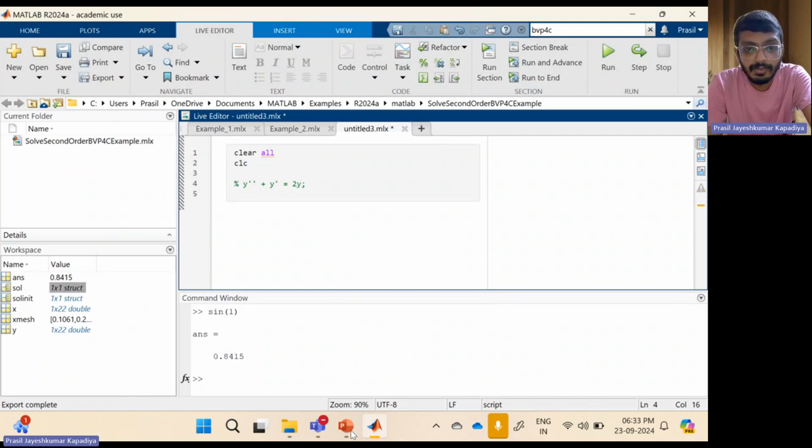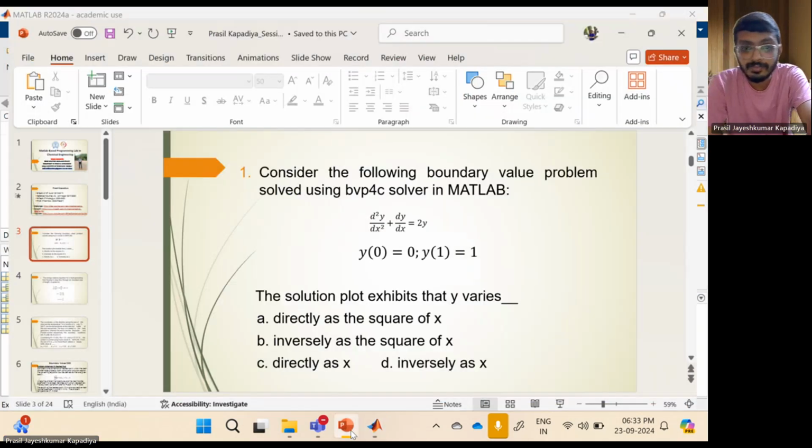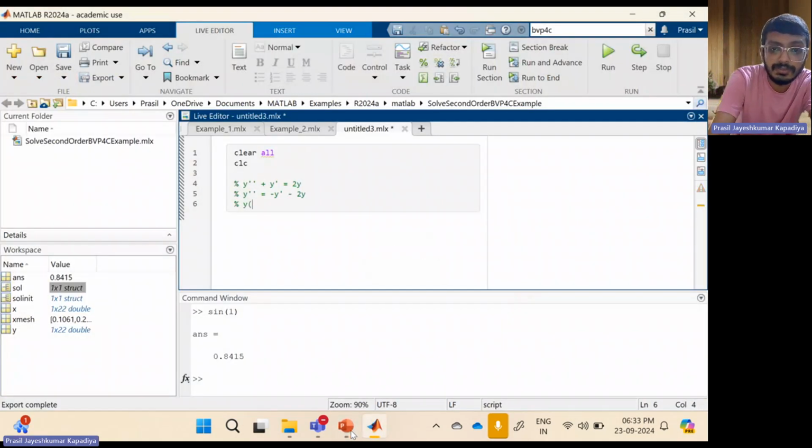So I can write down my equation as y double prime is equal to minus y prime minus 2y. Okay. Let's add boundary conditions. Y of 0 is equal to 0 and another one is y of 1 is equal to 1.